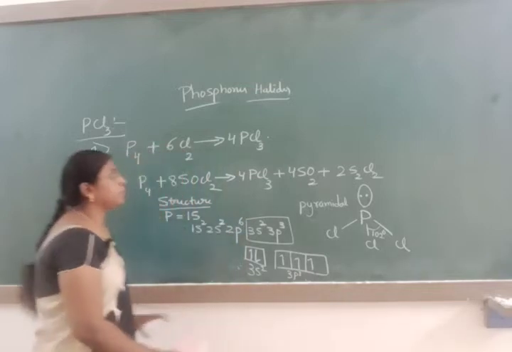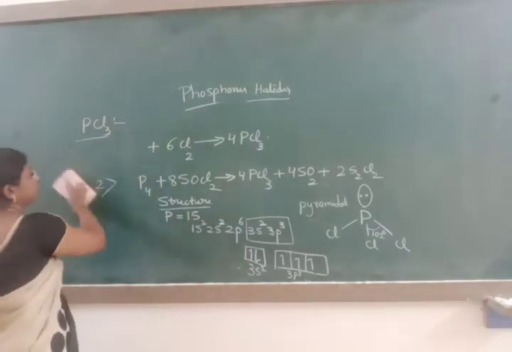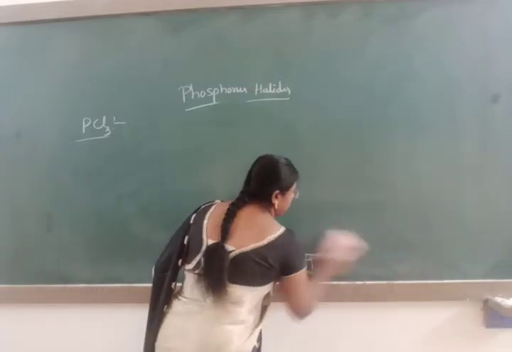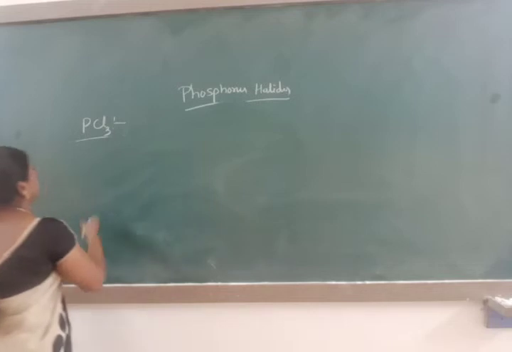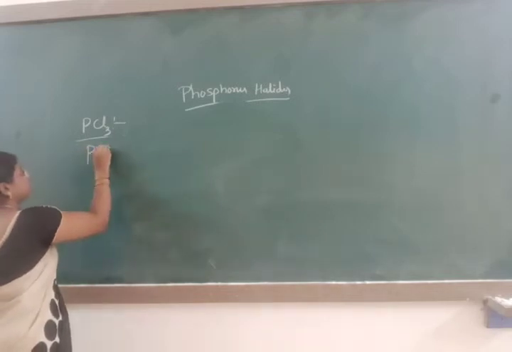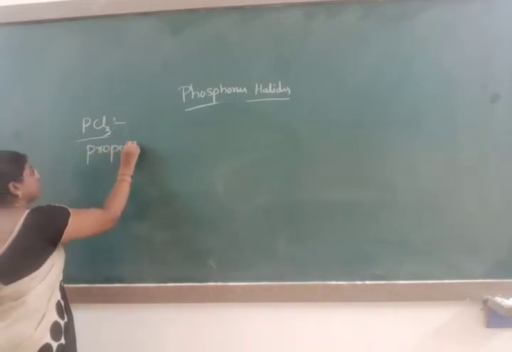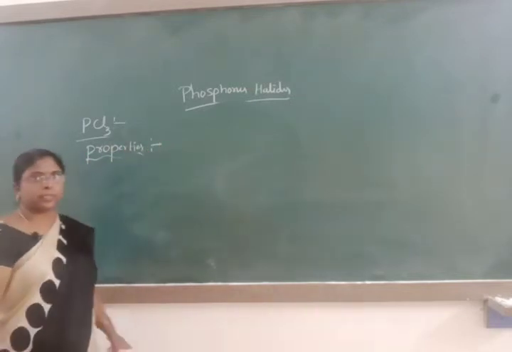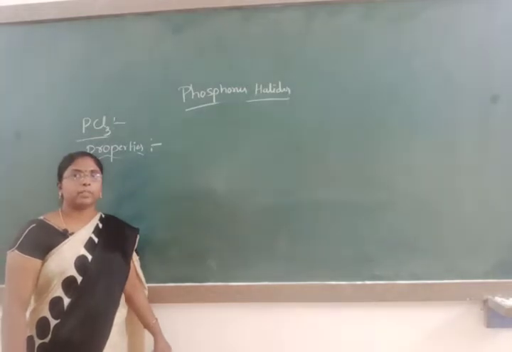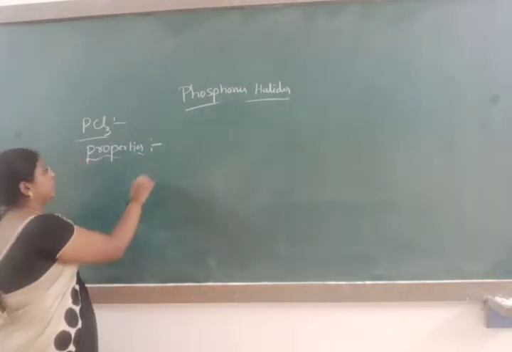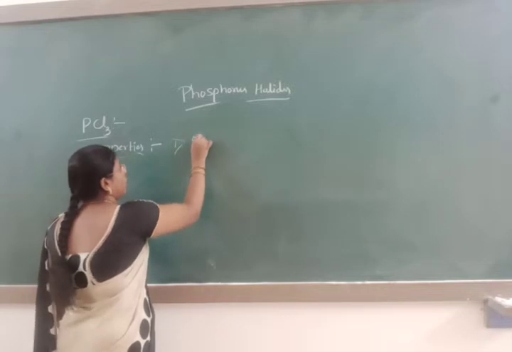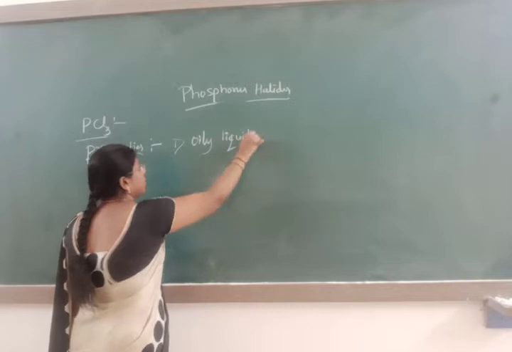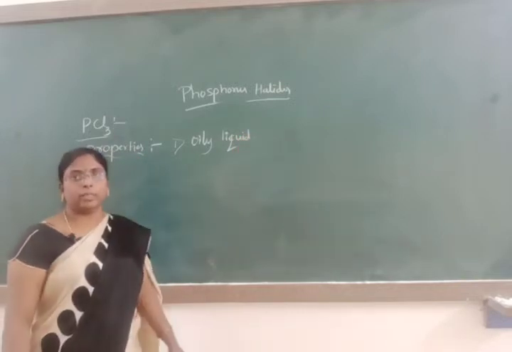Let us see some of the properties of PCl3. Properties. Its physical property: PCl3 is an oily liquid in nature. It is a colorless oily liquid.